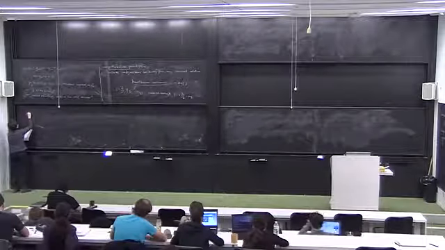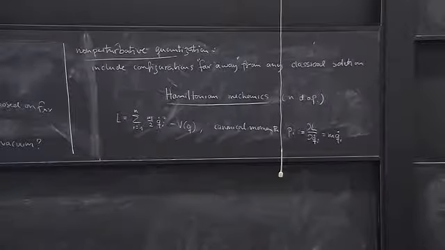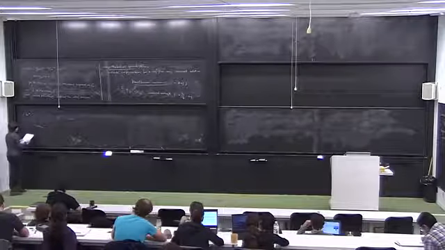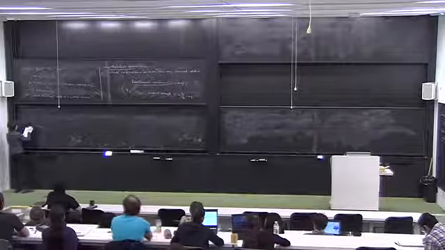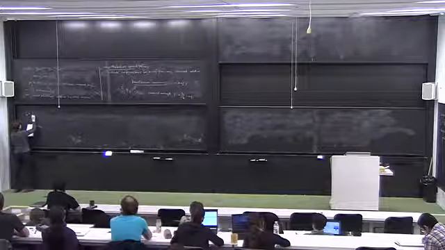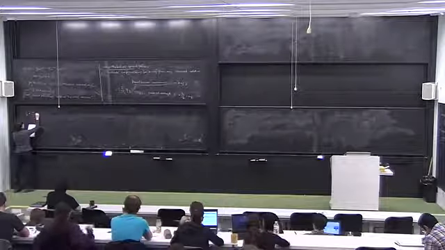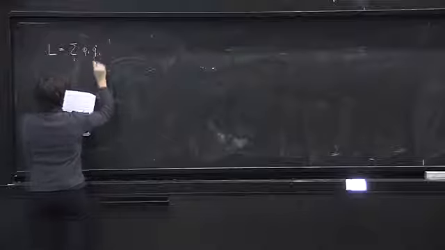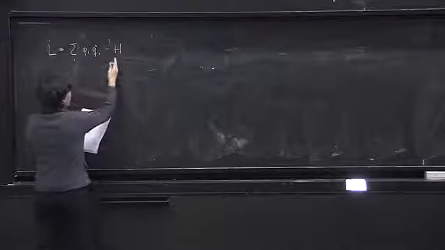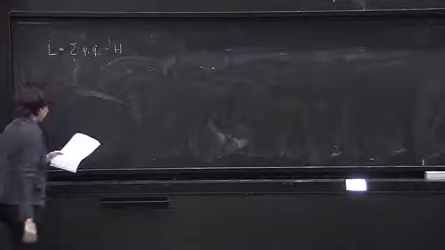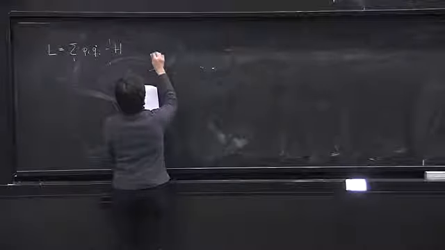Now, how do I get to a Hamiltonian from the Lagrangian? That's also very simple. I rewrite my Lagrangian as a sum over i of pi q_i dot minus H. And this equation just defines my Hamiltonian.